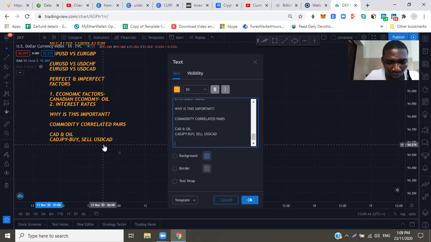Then the next one is we have AUD and gold. Gold is one of the major commodities that the Australian economy is dependent on, in addition to iron ore and timber and a couple of other commodities like that. But gold is a major one, it's mined a lot in Australia.